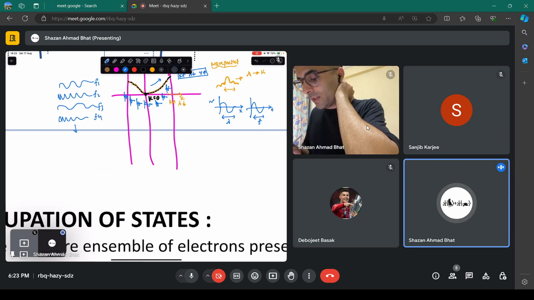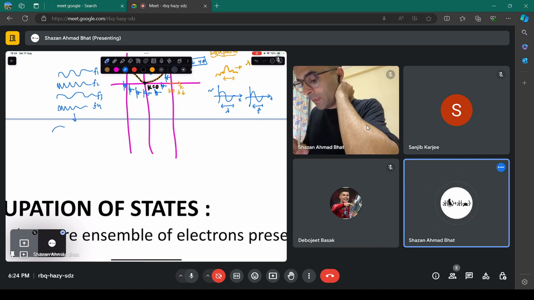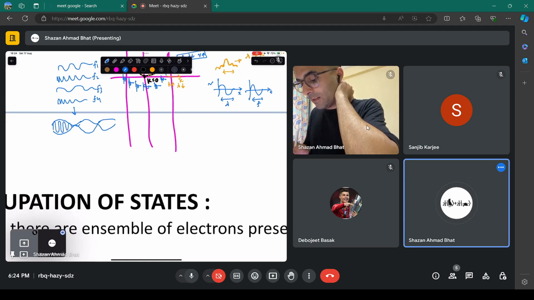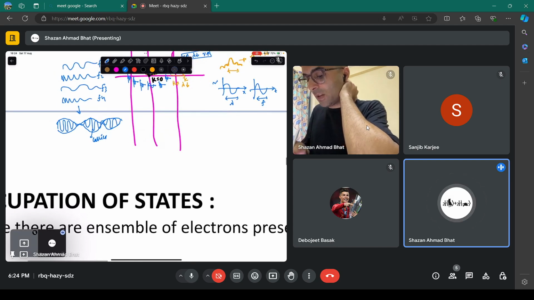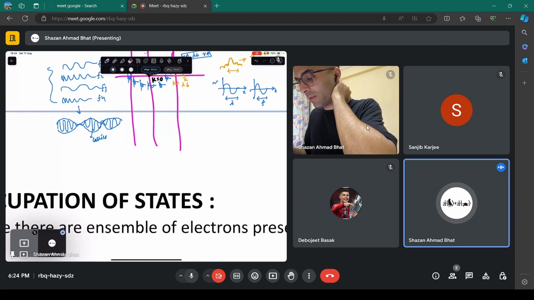When you combine them, you get a totally different type of wave, where you have something like an envelope, and this particular thing, which is called the carrier. It comes simply from wave mechanics. You can understand it from the Fourier series.